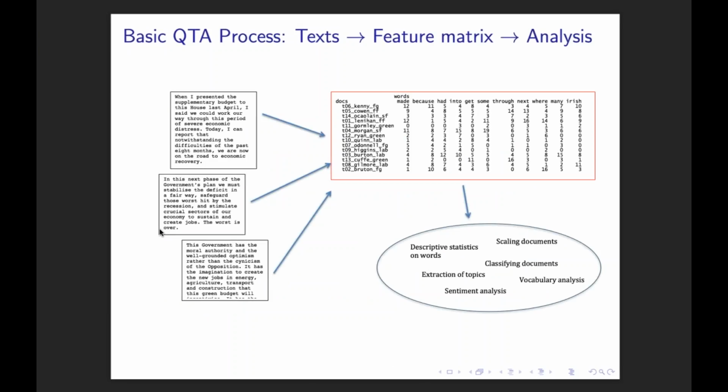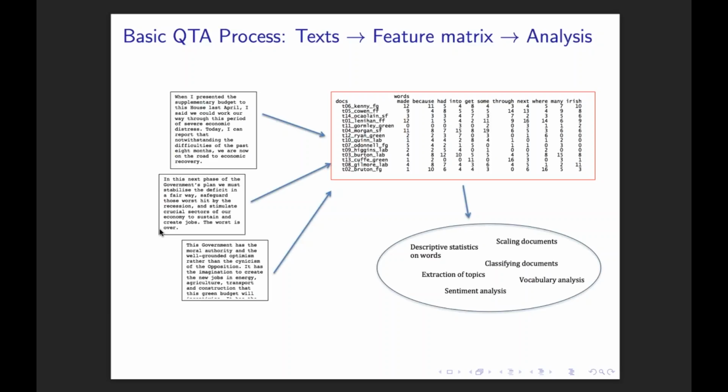So what does basic quantitative textual analysis do? Well, it takes text, such as these text boxes on the left-hand side of the screen. It then converts that textual information into what's called features. In this case, in the top right-hand side, the features are words, so they make up the columns.